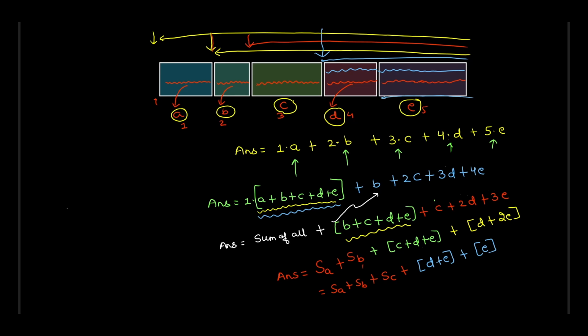So an interesting observation emerges that the answer, so notice that we have not made any assumption about how we have distributed the blocks, but still the answer comes out to be the suffix sum that starts at the first block, the suffix sum that starts at the second block, the suffix sum that starts at the third block, that starts at the fourth block, and that starts at the fifth block.